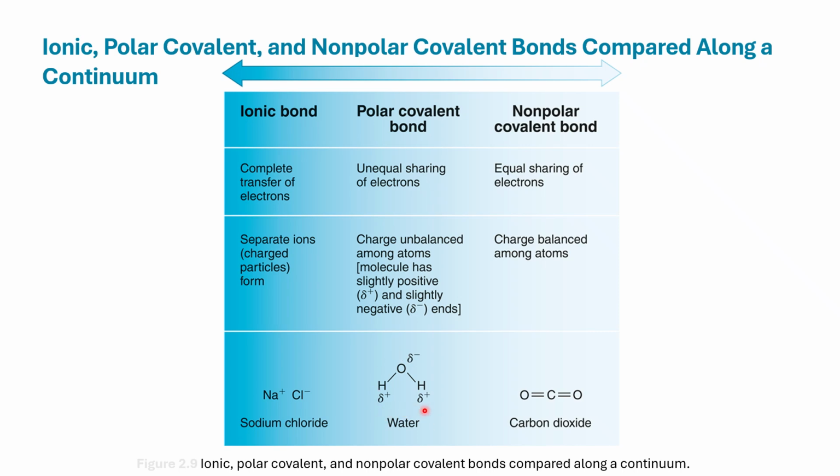So that would be polar because of this layout on how this over here is more negative and this over here is more positive. It's going to be polar, so it's going to want to get attracted to something else. Nonpolar covalent, equal sharing of electrons, the charge balanced among the atoms, and you get a linear symmetrical, and this is nonpolar.